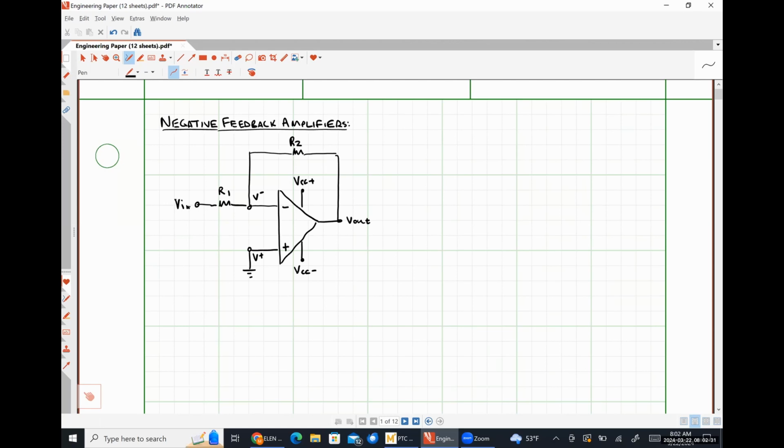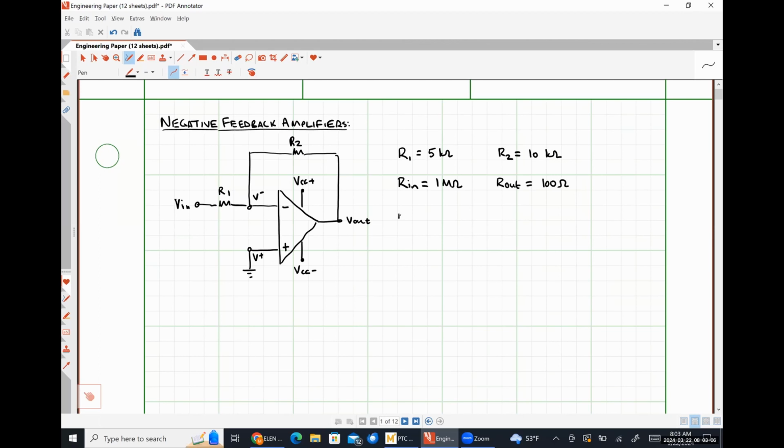We're going to work this as a numerical example. So I'm going to give you guys some parameters for this particular op amp. Let's say that the resistance R1 is 5 kilo ohms, and our bias resistance R2 is 10 kilo ohms. Our internal input resistance of our op amp, let's say that it's 1 mega ohm, and our internal output resistance is 100 ohms.